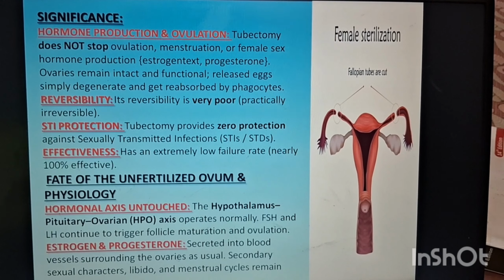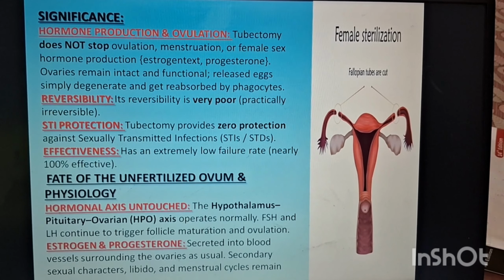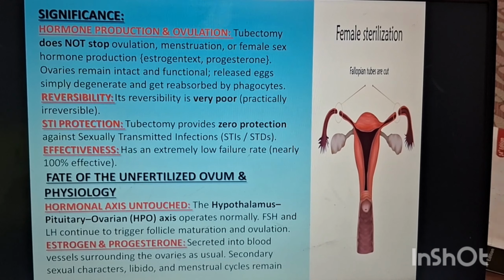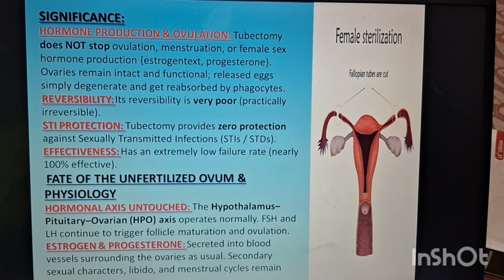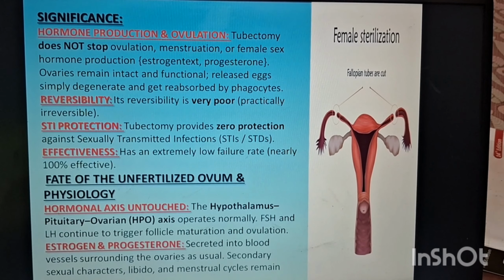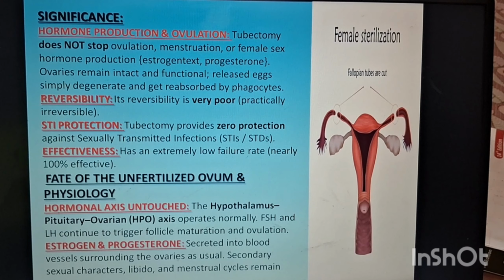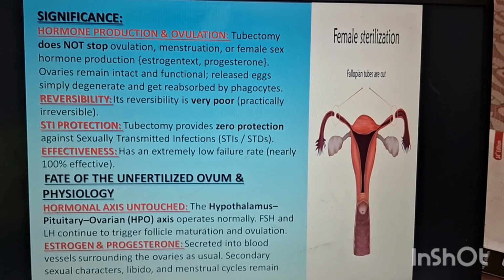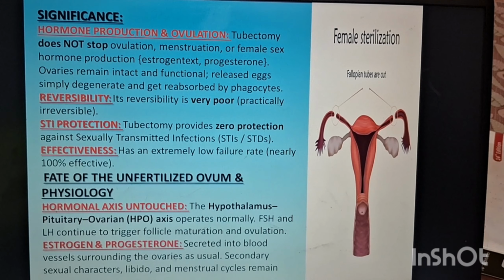Next, fate of the unfertilized ovum and physiology. First, hormonal axis untouched. The hypothalamus-pituitary-ovarian axis operates normally. FSH and LH continue to trigger follicle maturation and ovulation.